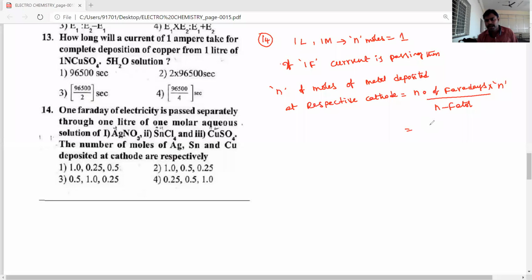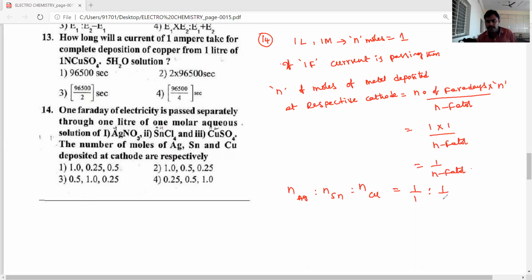Okay, see here, the number of Faradays is equal to 1 and the number of moles of solute present in the solution is equal to 1, and by n factor is nothing but 1 by n factor. So the number of moles of silver, of tin, and of copper is 1 by 1, 1 by, tin.